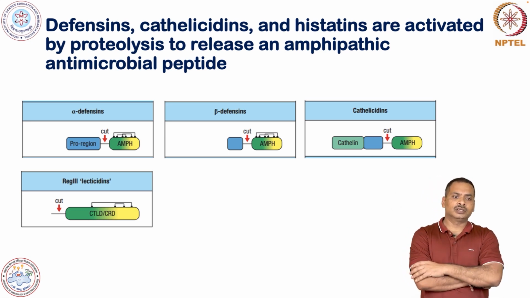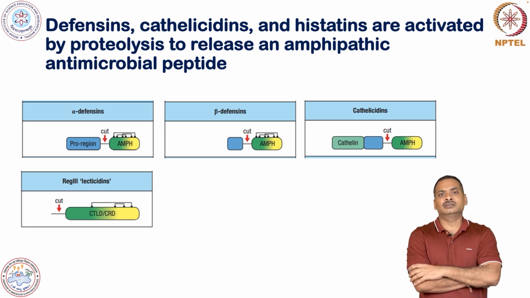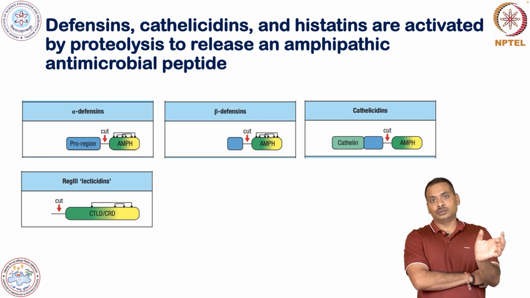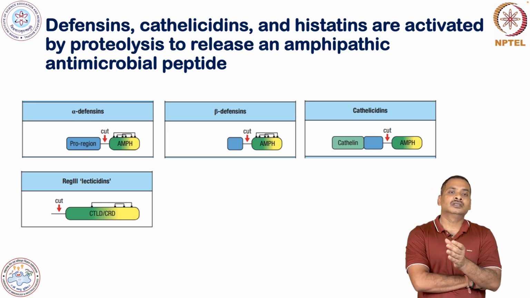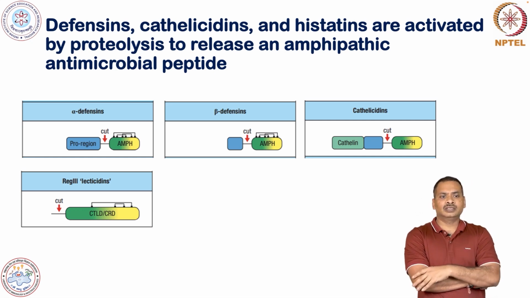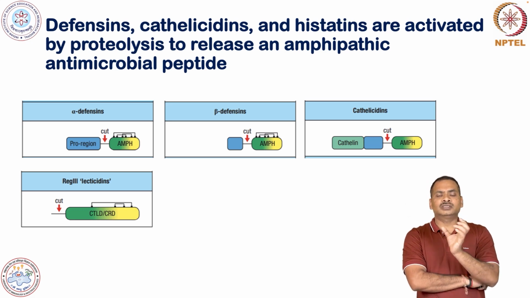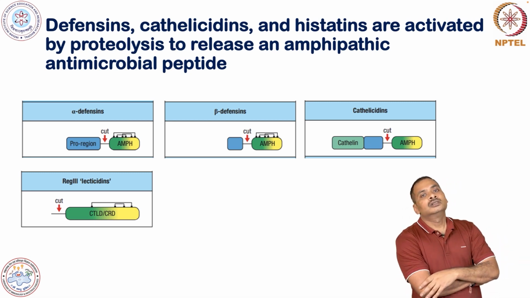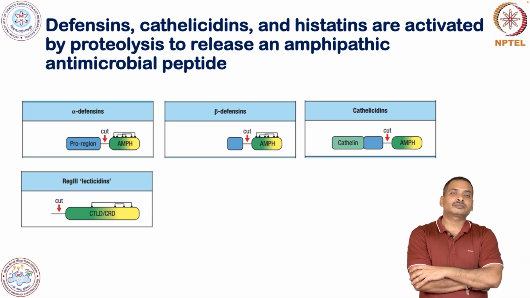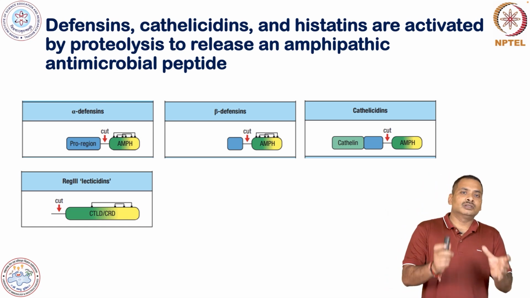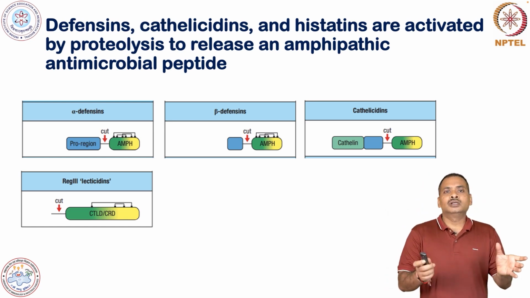It is true for other such proteins as well. Once these amphipathic peptides are generated for defensins, cathelicidin and the like, they are attracted towards the microbial membrane, and once attracted, they deposit in such a way that they make a pore.